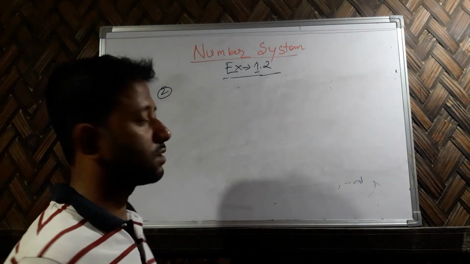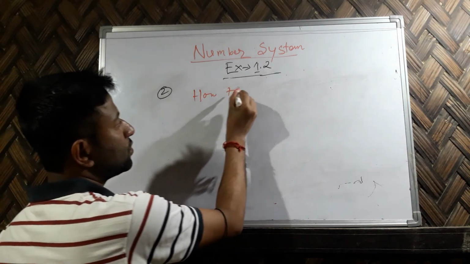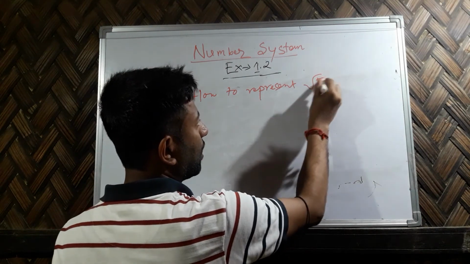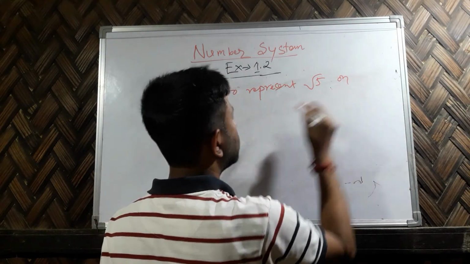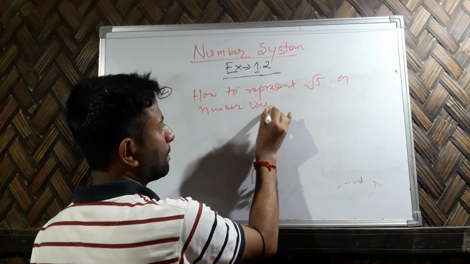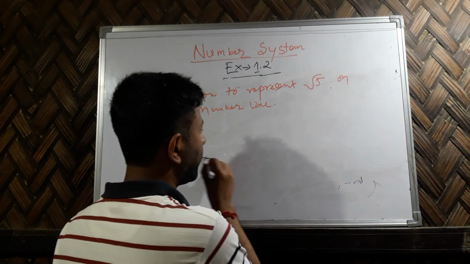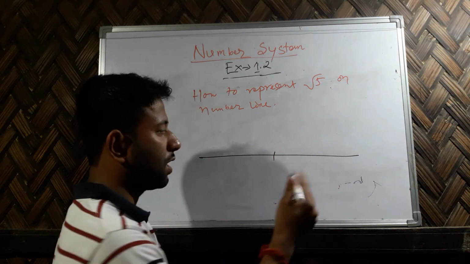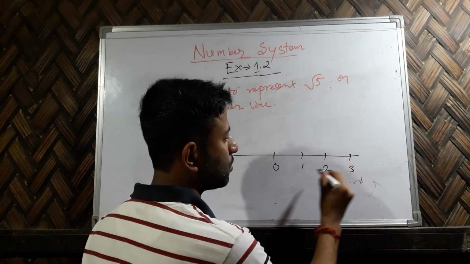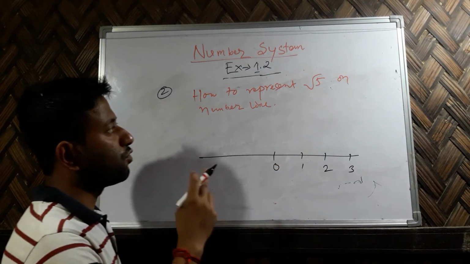This question is frequently asked in the exam. हाँ, हम लोगों को पता है यहाँ पे एक नंबर लाइन है, लेकिन ये नंबर लाइन पे रूट 5 कहाँ होगा? जैसे कि मैंने बताया 0 यहाँ पे है, 1 यहाँ पे होगा, 2 यहाँ पे होगा, 3 यहाँ पे होगा. हाफ होता तो इसको मैंने डिवाइड कर देता आधा आधा पार्ट में, तो यहाँ पे हाफ हो जाता. अब मैं रूट 5 को कहाँ पे दूँ?